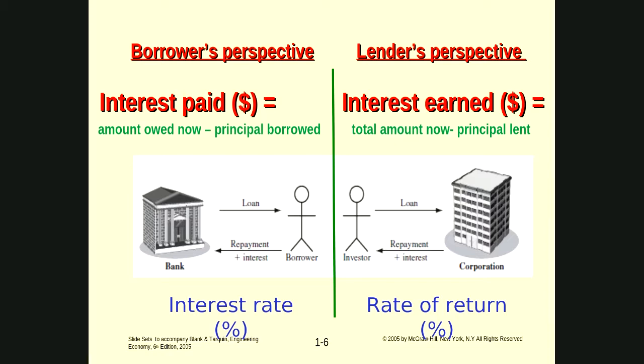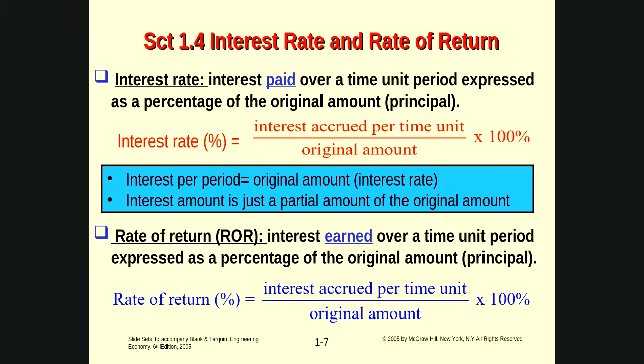If you are the type of person that learns from visual pictures, this visual picture shows you that interest is paid. Look at the color: the loan comes from the bank to the person, and the payment goes from the person to the bank. In the interest earned, which is the rate of return, written in blue, the investment comes from you to the company, and the company is paying the interest. Okay. Moving forward with the interest rate and rate of return.